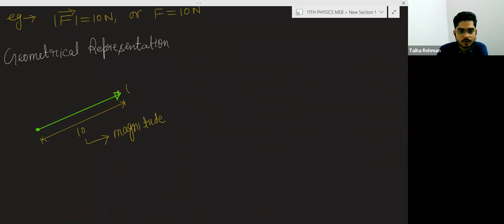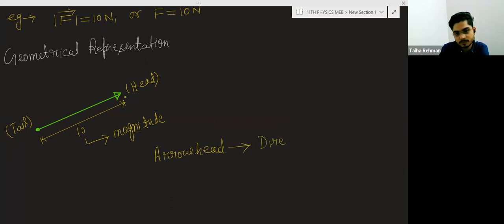This is the head of this arrow. This is the tail. And the arrowhead represents the direction of the vector. Arrowhead will represent the direction, and length of arrow will represent the magnitude of the vector.